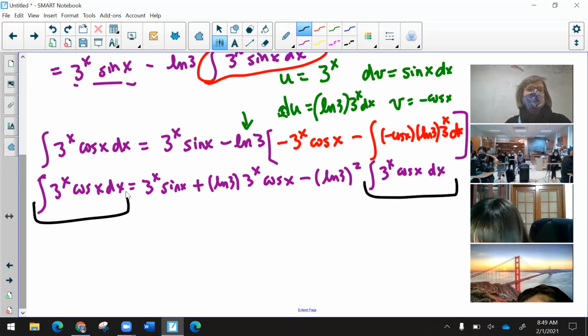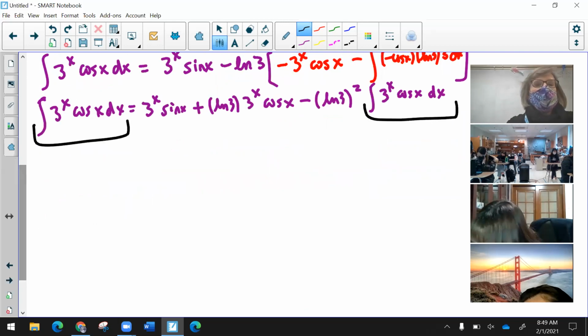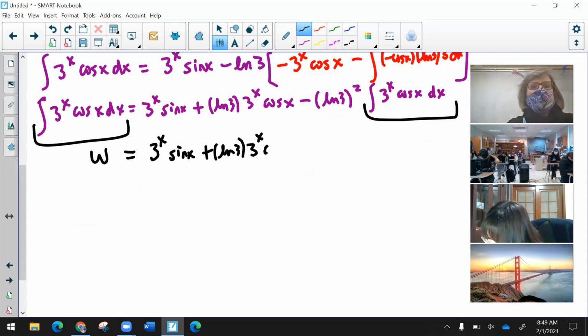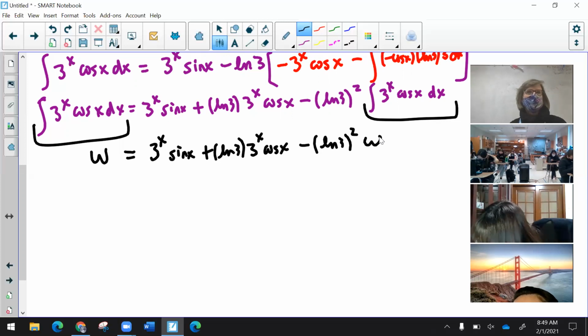If it makes you happy, I can call it W. So W would be equal to 3 to the x sine x plus natural log 3 times 3 to the x cosine x minus the natural log of 3 squared times W. And then I can solve for that.